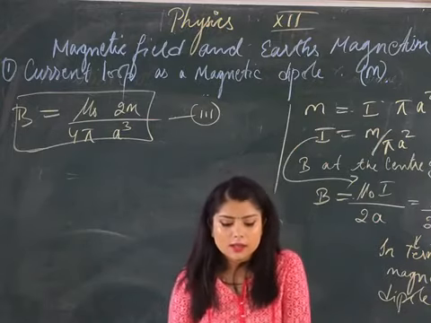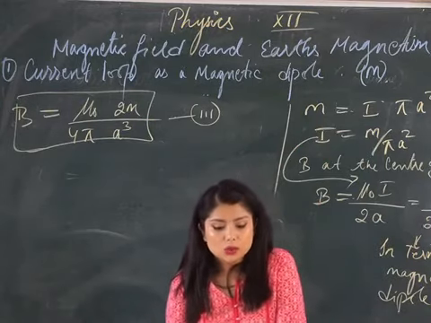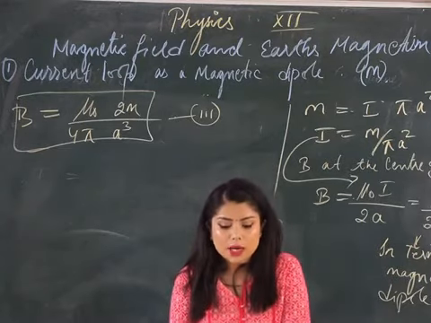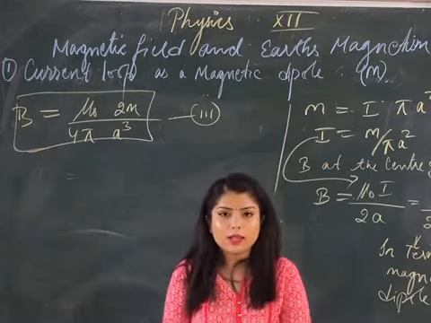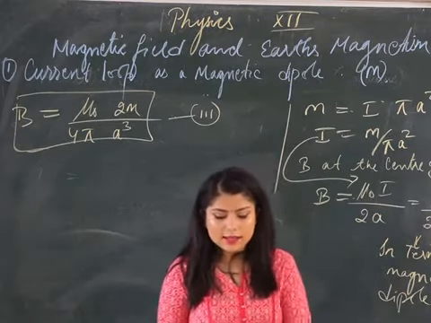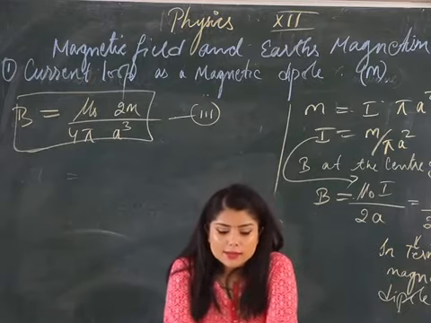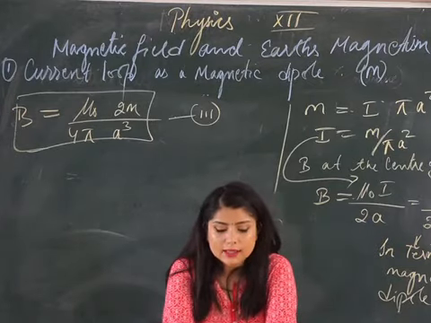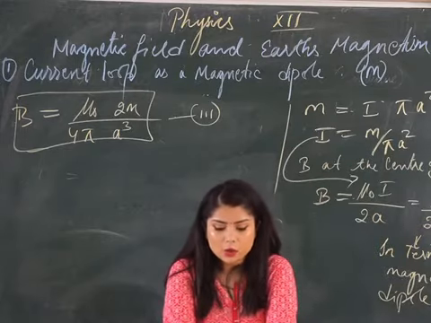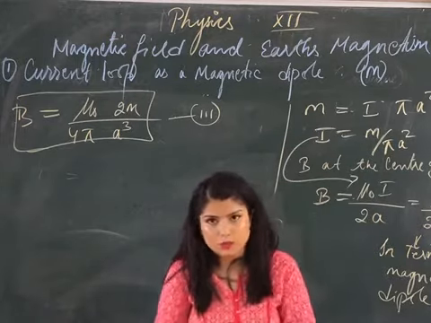I'll repeat again: it is similar to the equation of magnetic field of a short bar magnet at a point on its axis. Therefore, it is said that a current carrying coil is similar to a magnetic dipole. Can you just write it down?